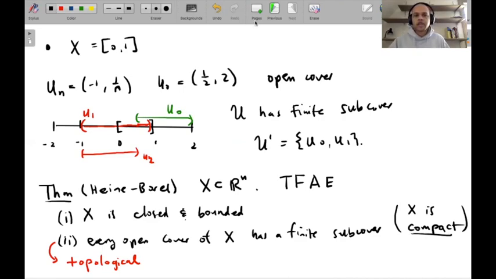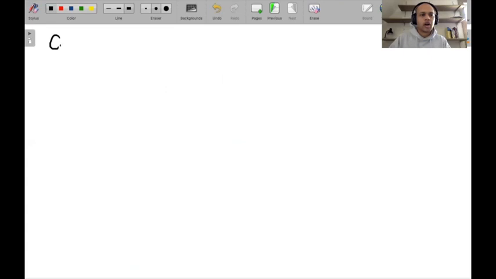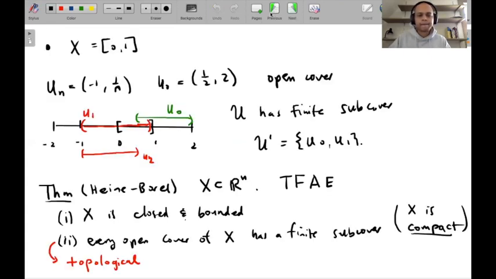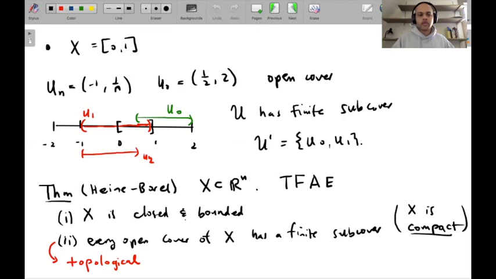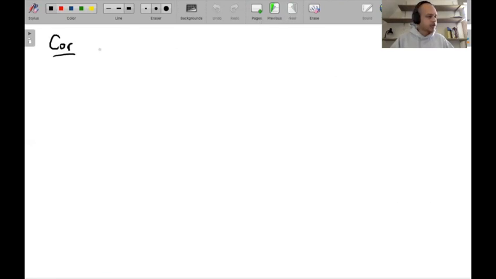And then let me finish with a corollary of this theorem. Just a small corollary, although this theorem is very useful and has lots of applications. A simple thing we can deduce from the theorem is that the open interval (0, 1) and the closed interval [0, 1] are not topologically equivalent.